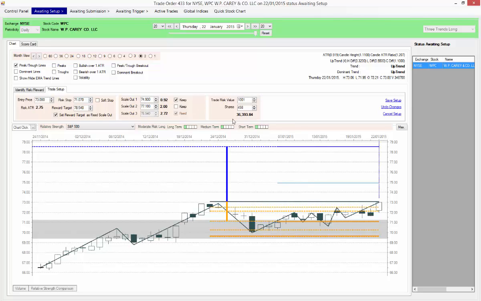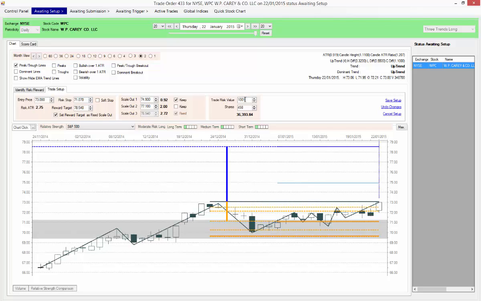The last area to consider is what risk value we're going to place. How much capital are we going to use when we are considering this amount of risk? Now, if I want to risk $1,000, which is shown to you by default, it means that if the stock goes from the entry price down to this risk stop, I'm going to lose $1,000 on this trade.